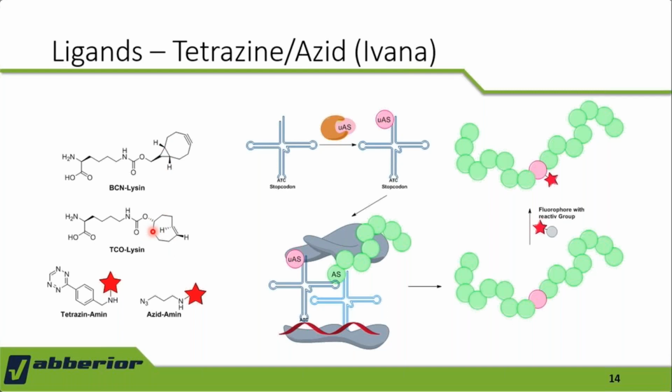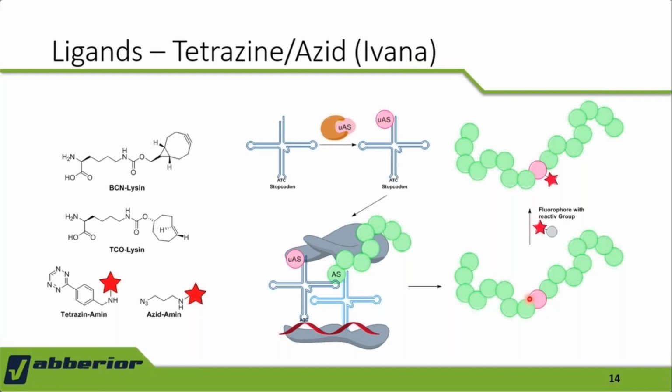And we use these unnatural amino acids to replace any kind of natural amino acid in our protein of interest with a modified tRNA, to build in these unnatural amino acids along our protein of interest.